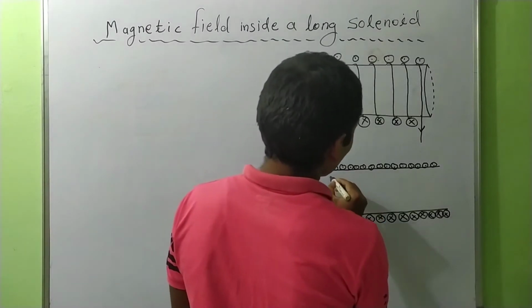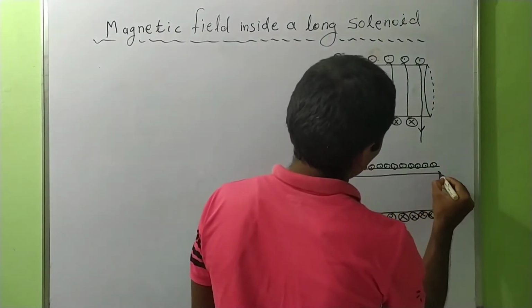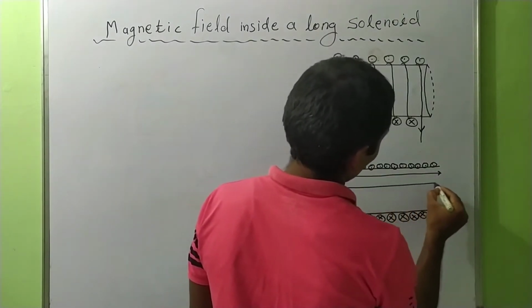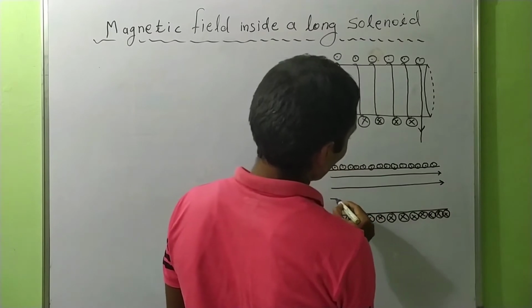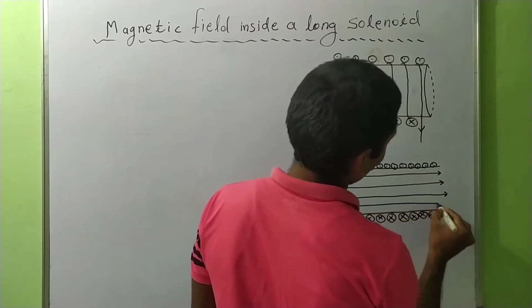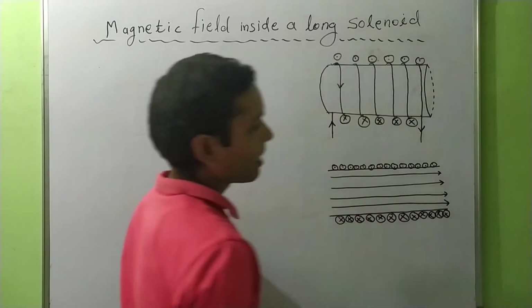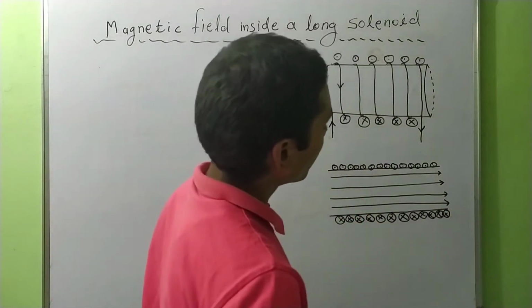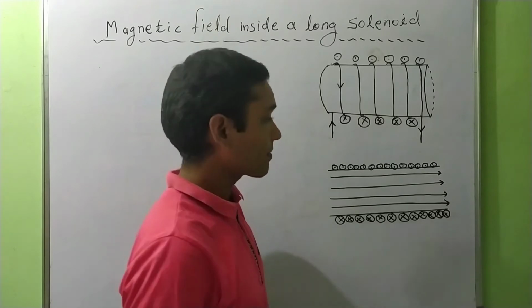That's why, to represent the uniform magnetic field, inside the solenoid the magnetic lines of force will be parallel to each other.